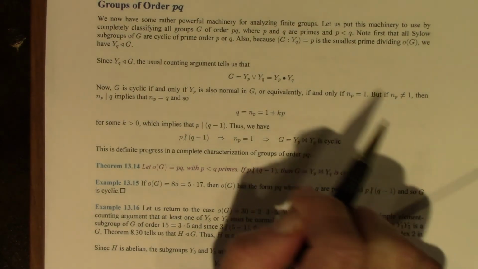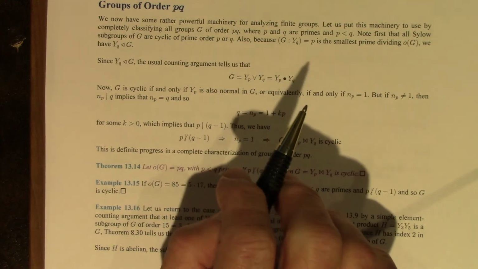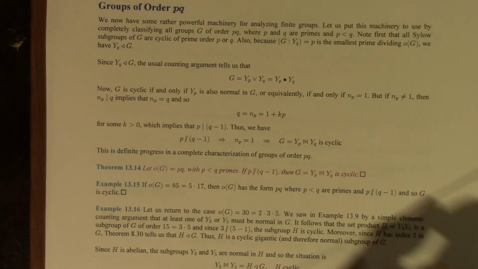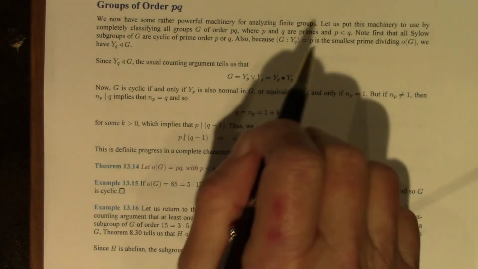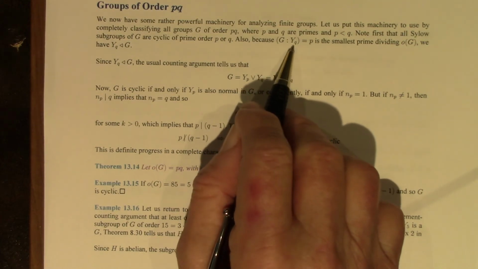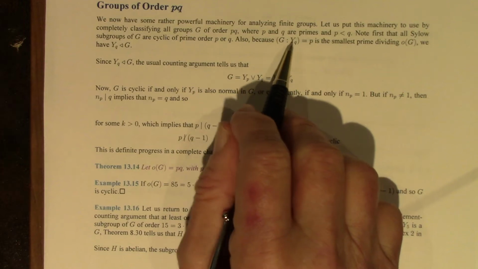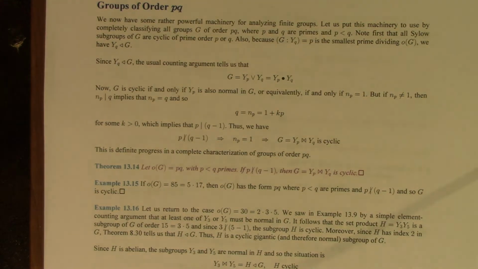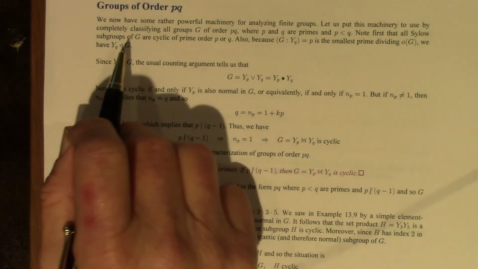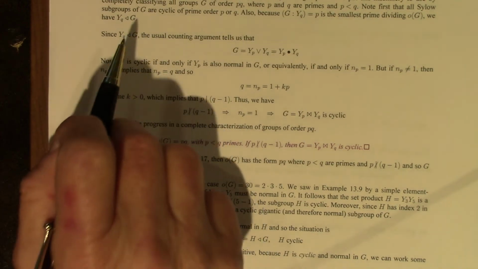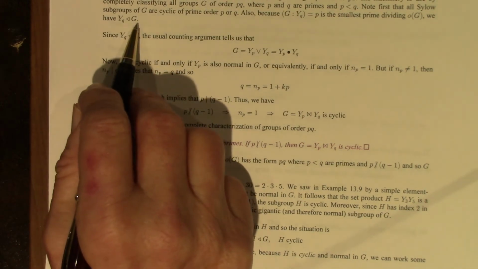First thing to note is that all Sylow subgroups of G are cyclic because they have order either P or Q, which is prime. And also, because the index of a Sylow Q subgroup, YQ, in G is P, and that's the smallest prime dividing the order of G, we know that there is a unique Sylow Q subgroup, and it is normal in G.